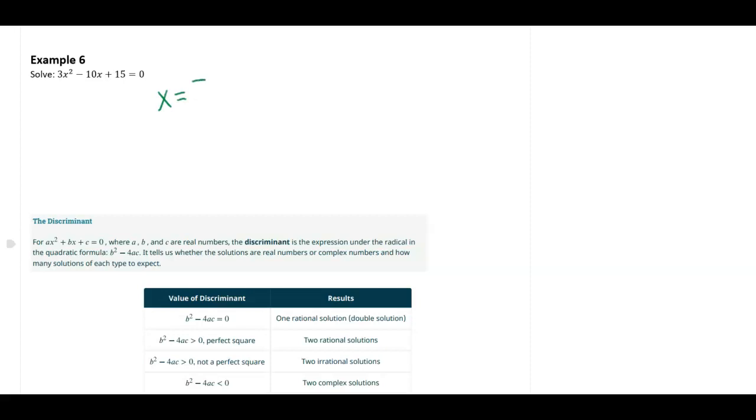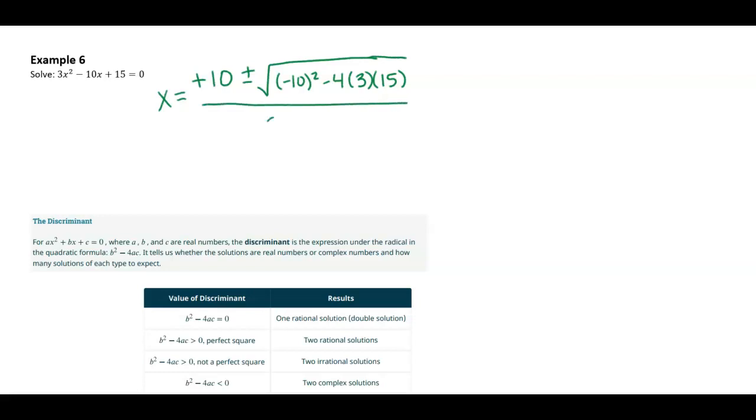So I have negative b, changing that to a positive 10, plus or minus the square root of b squared minus 4 times a times c all over 2 times a.